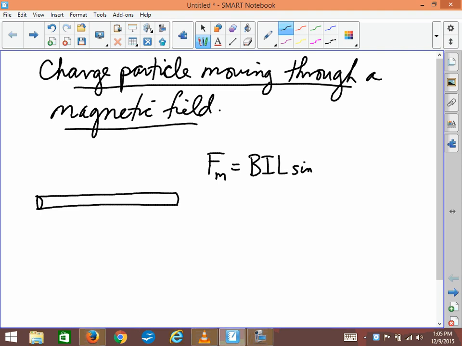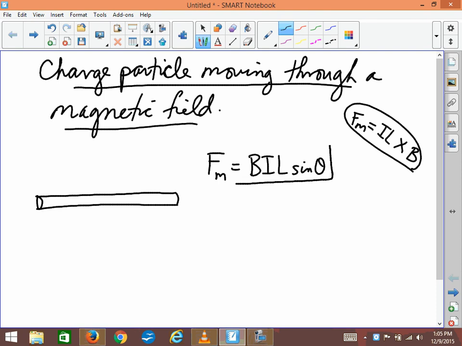Or if you're taking calculus and you know the notation of vectors, you could write this as I L cross B. That is the same thing as this, and that'll make more sense once you get to your calculus. But here's how we're going to do it for now. It's all multiplying, so it works out great.